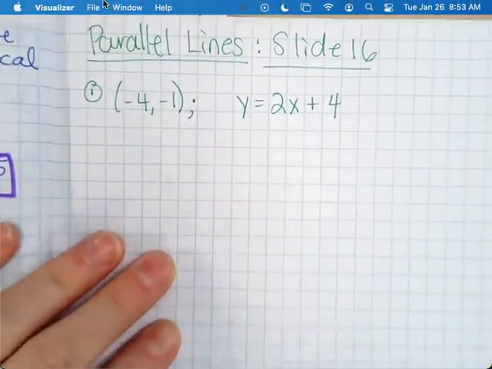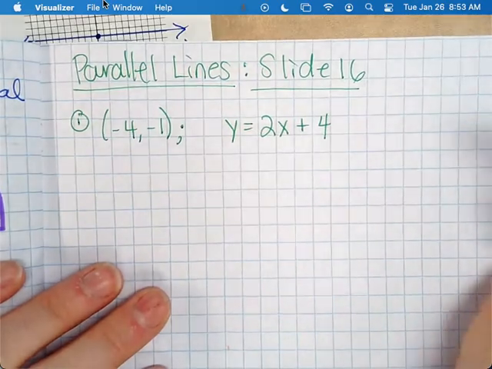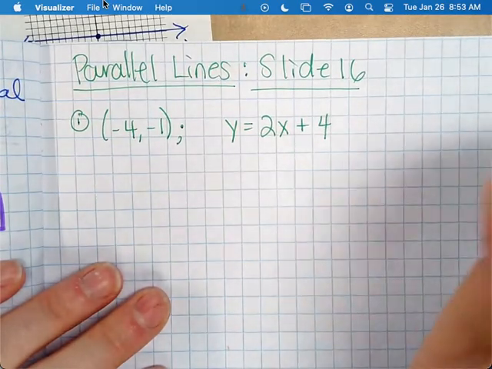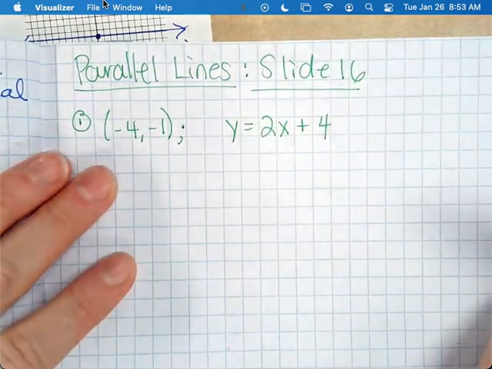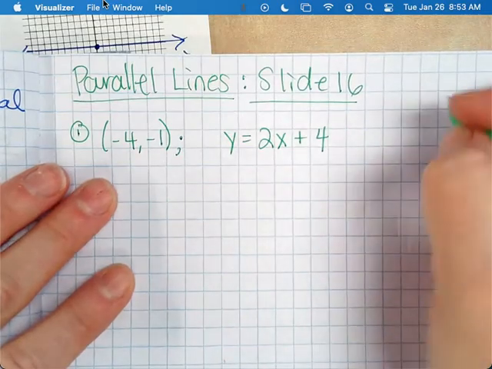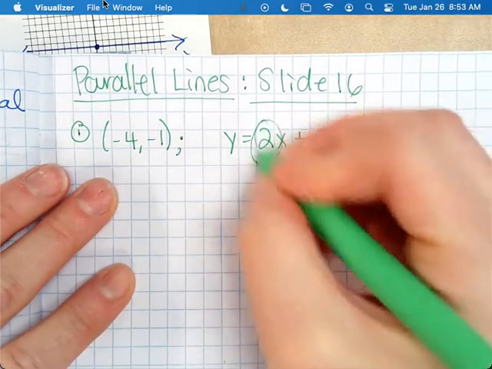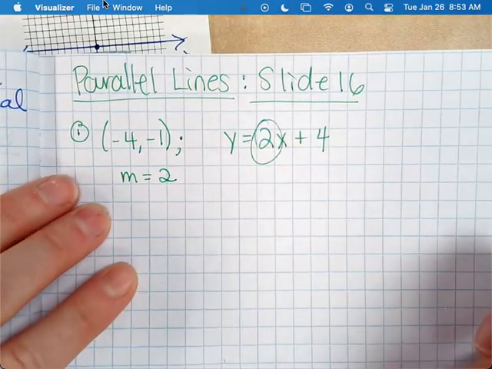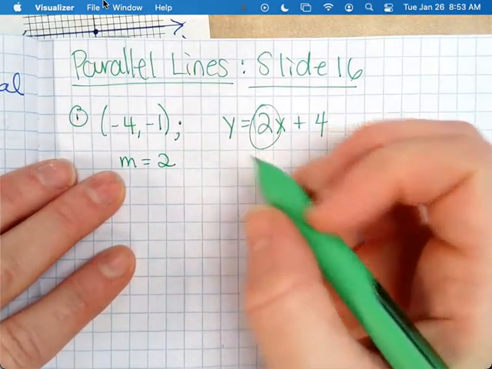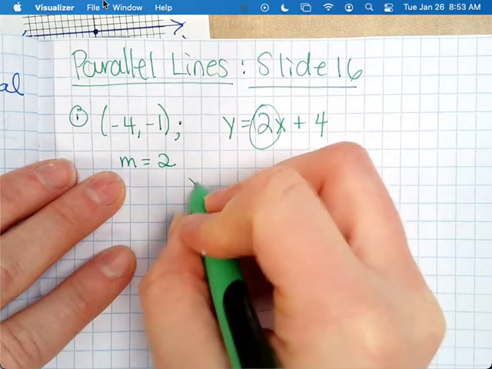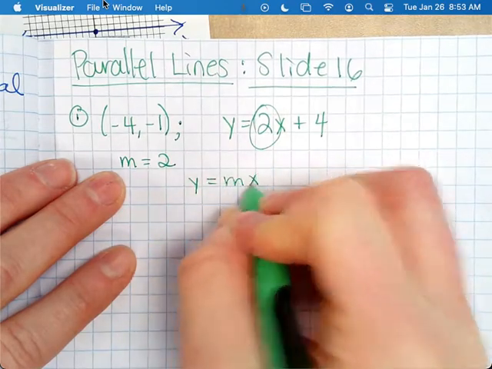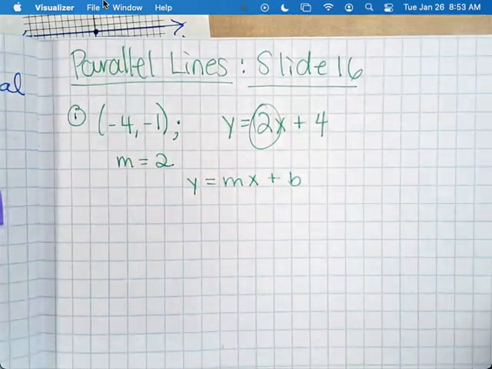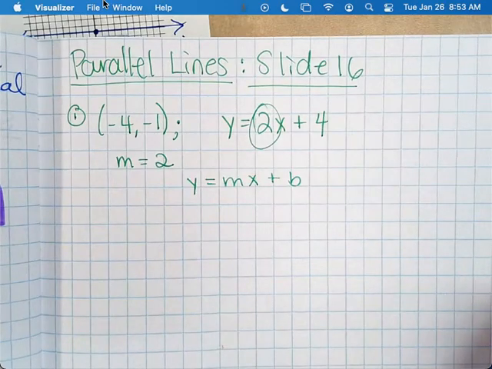Okay, we're not going to graph them. All we're going to do is write the equation of the new line. So we need to first know that parallel lines have the same slope, remember? So our slope is 2. So we are going to write the equation of the line that has a slope of 2. We are going to use y equals mx plus b to find our b value.